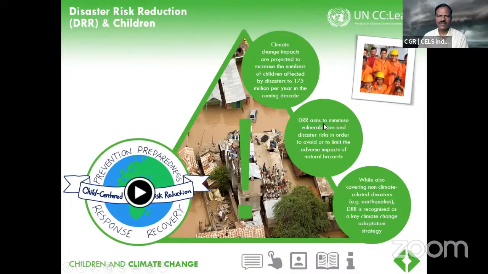We have the Sendai framework also, while also recovering from non-climate related disasters, for example earthquakes. DRR is recognized as a key climate change adaptation strategy. Some hazards are geological, like volcanoes, earthquakes, tsunamis. But sea level rise is related to climate change. Sea level rise plus tsunami means we have a double disaster.